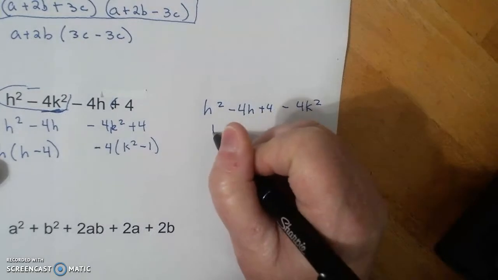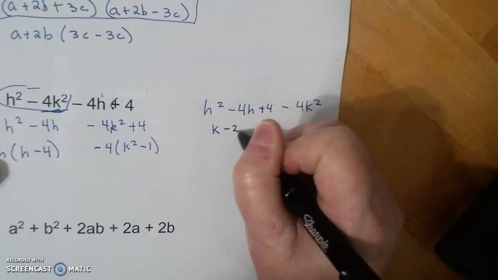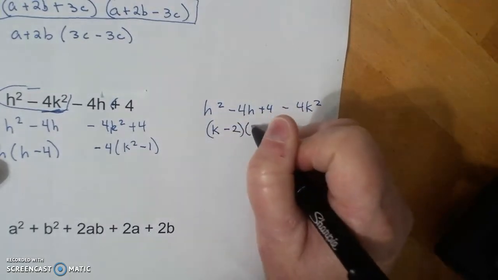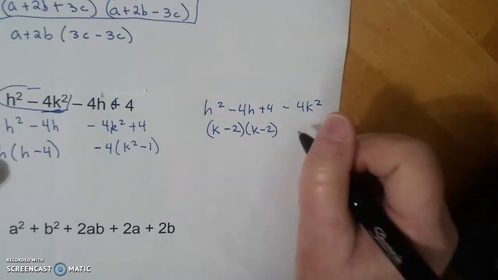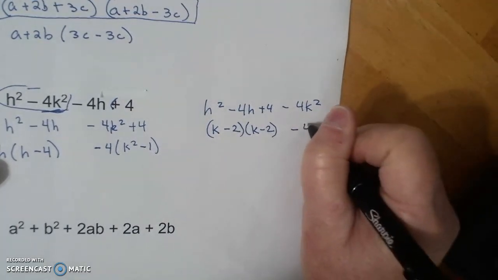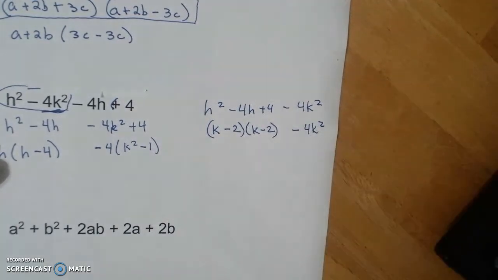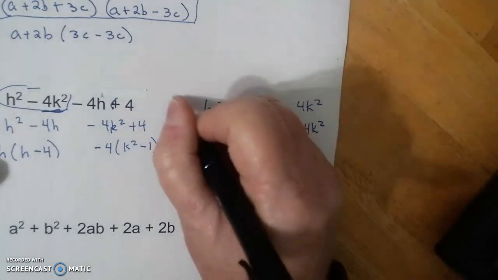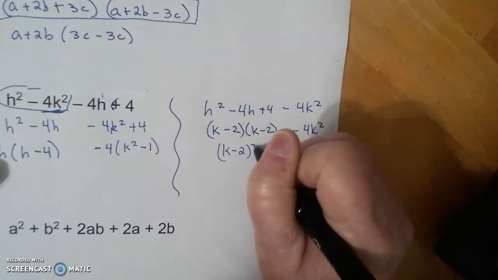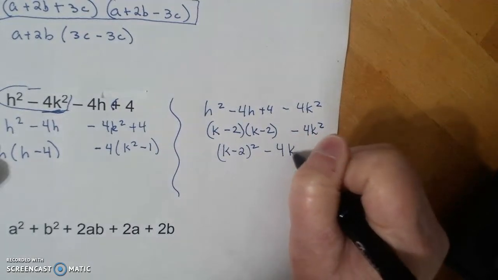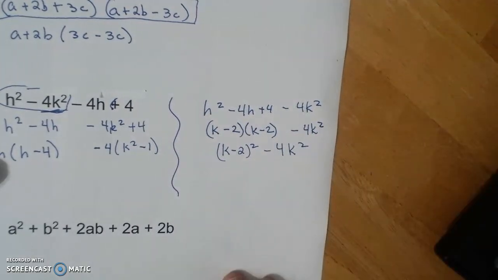Here is h minus 2 times h minus 2 minus 4k squared. This is h minus 2 squared minus 4k squared.